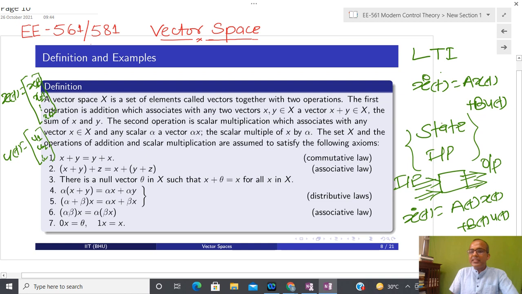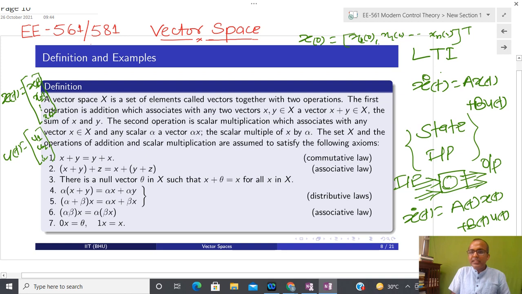Because of how we have defined the state: if I have some system, and I know the input and some internal variable, then I can tell uniquely what the output of this system is. So suppose I represent the initial condition as x1(0), x2(0), up to xn(0). The physical interpretation of this initial condition is all the information from minus infinity up to the time when I start my experiment.